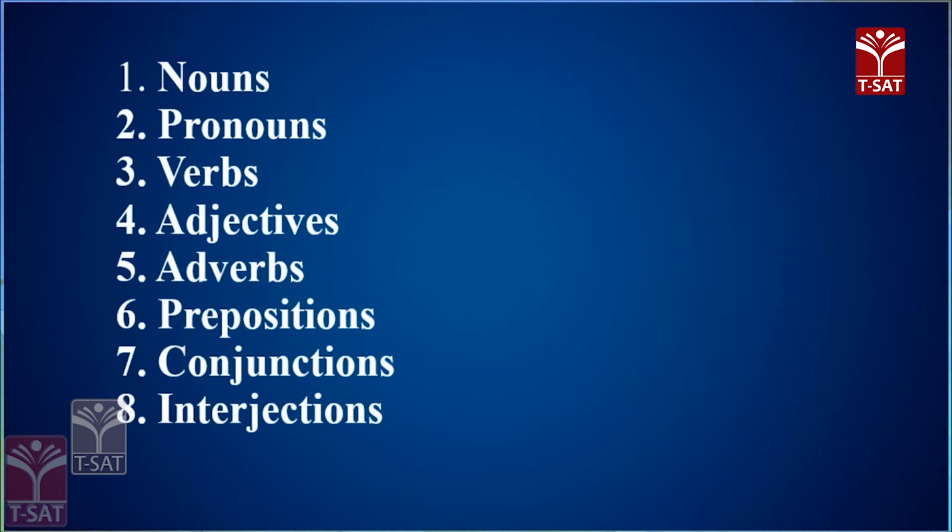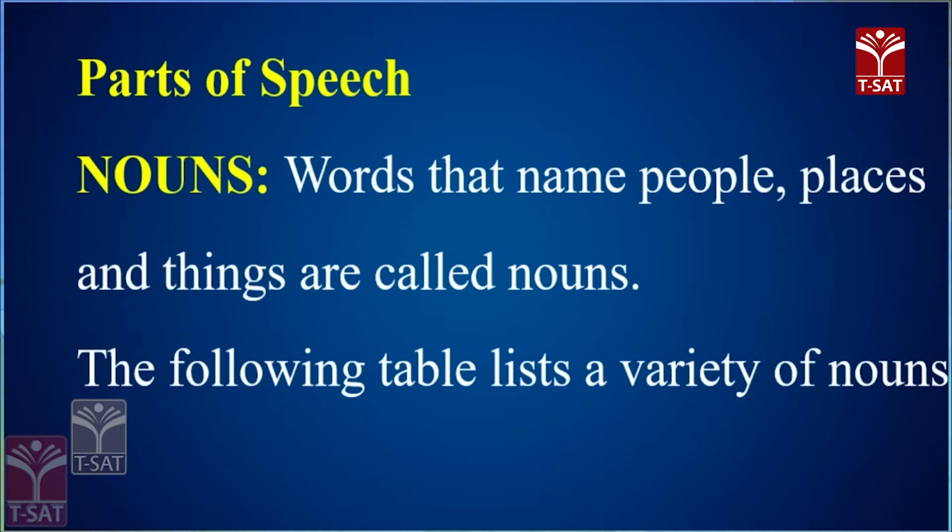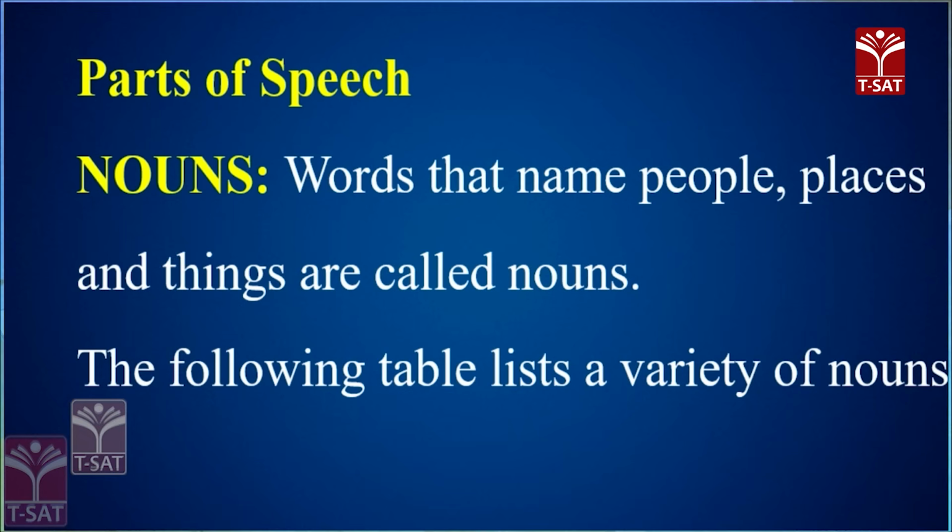Now, we are going to discuss these 8 parts of speech in detail a little bit. The first part of speech that comes to our mind is nouns, right? It is a naming word. The simple definition of noun is a naming word.